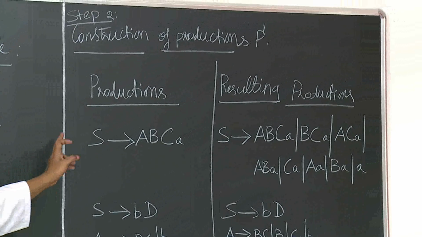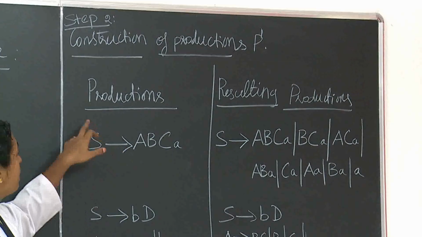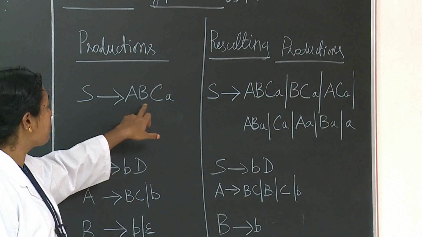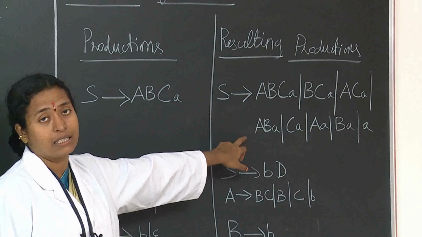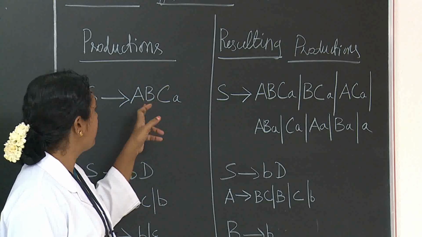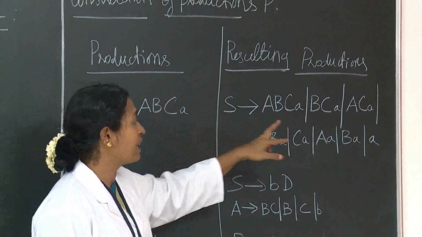Here we are going to construct new productions by replacing epsilon. First we take all the productions on this side and insert productions on this side. As A, B, C are nullable variables, we have to separate each case. So we already have ABCA. Again we eliminate: when A is replaced by epsilon, we get BC.